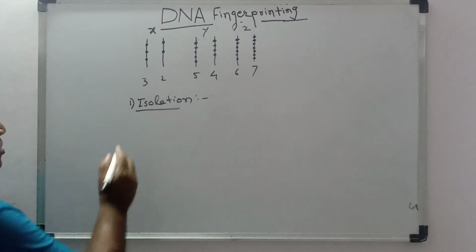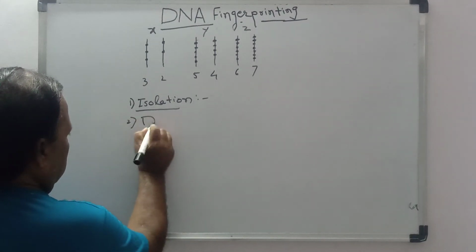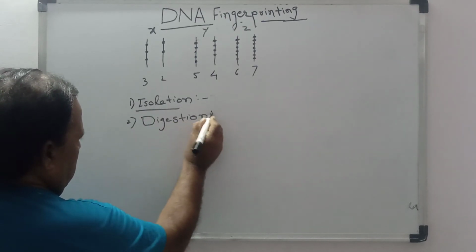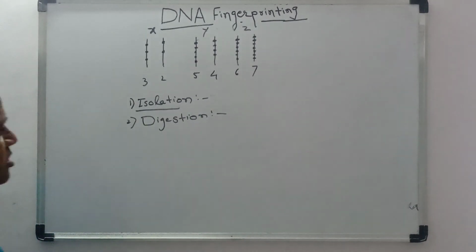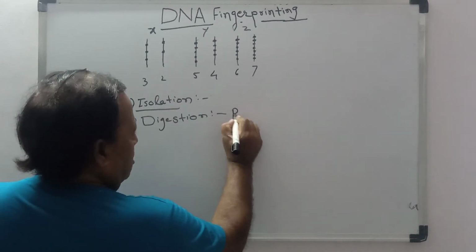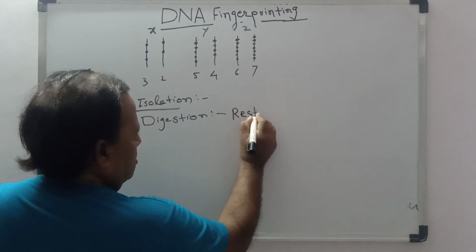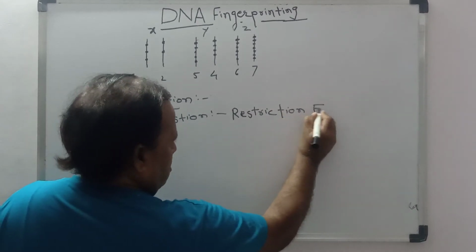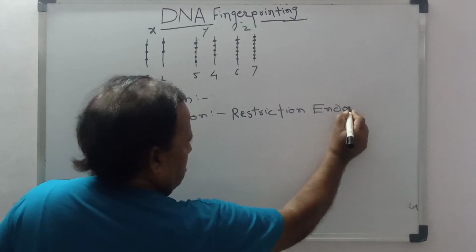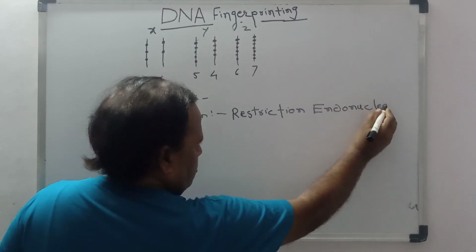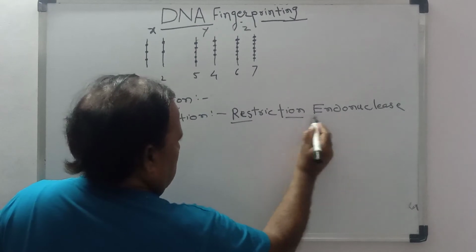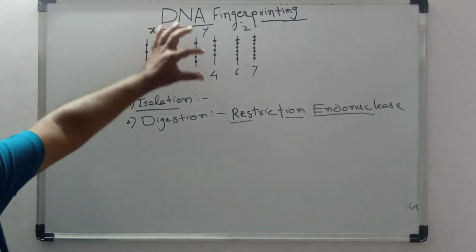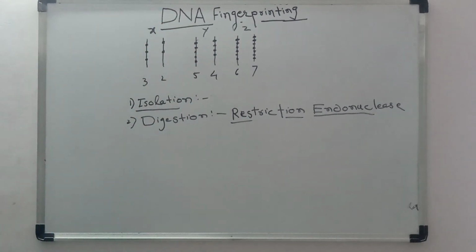Now the second step is digestion. The process of digestion is done by the enzyme called restriction endonuclease. This enzyme cuts the DNA fragments from a specific point.